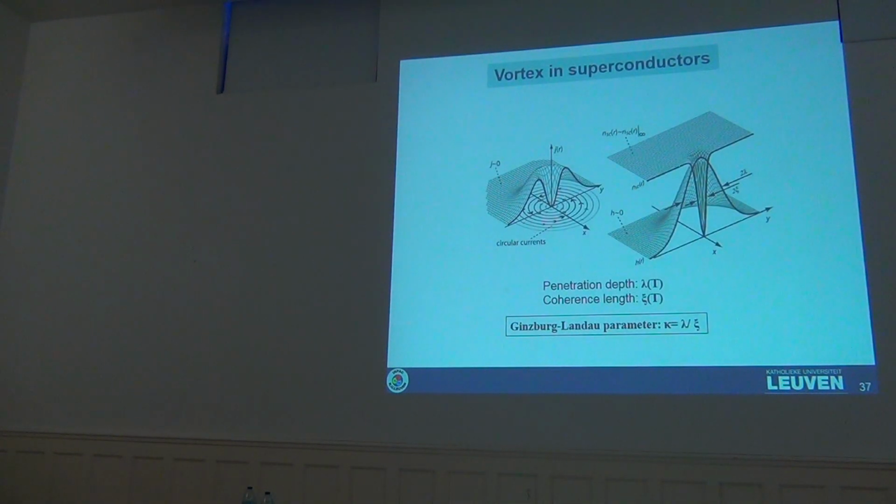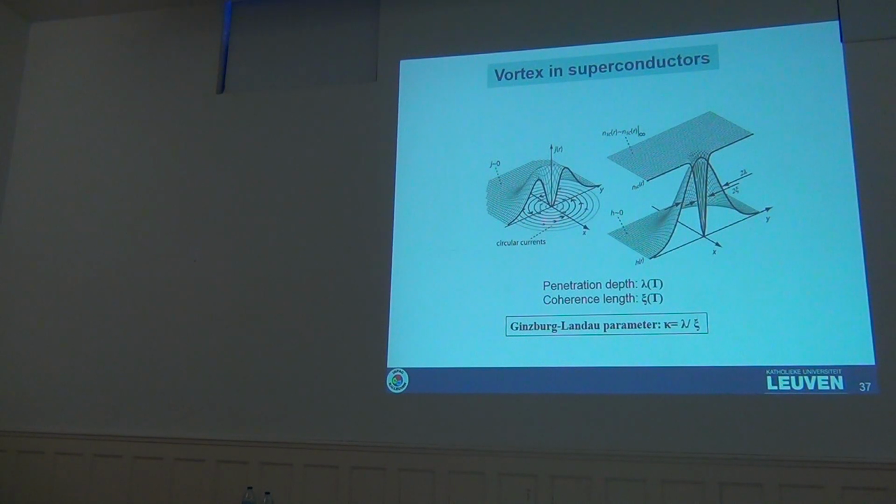So, a vortex in a superconductor represents a very remarkable object, which is characterized by depression of the density of Cooper pairs. So this is n, the density of superconducting Cooper pairs, and at the location of a vortex, this must go to zero and then come back again. And the depression is relatively narrow. The width of this depression is determined by the order parameter, by 2 times the coherence length.